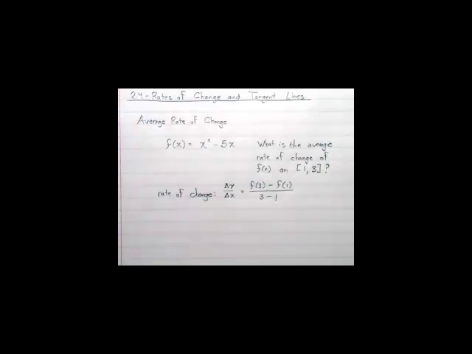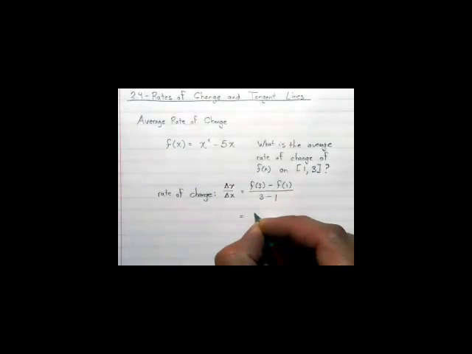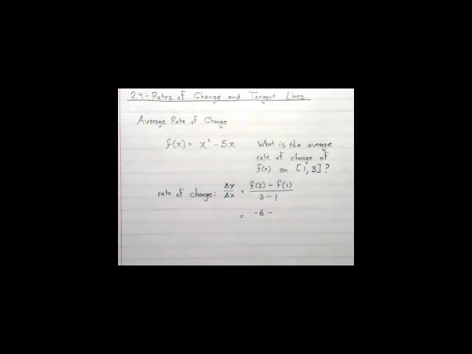Now we do a little legwork of plugging the numbers in. f of 3: 3 squared is 9 minus 5 times 3, that's 15. So 9 minus 15 is negative 6. And f of 1: 1 squared is 1 minus 5 times 1. So 1 minus 5 is negative 4.